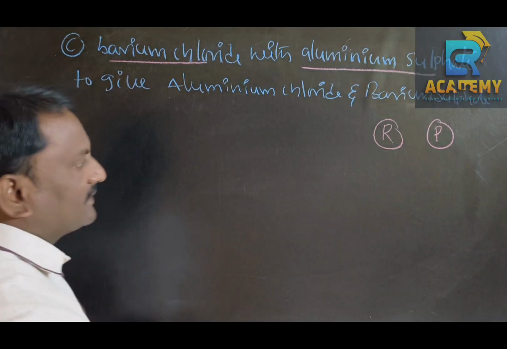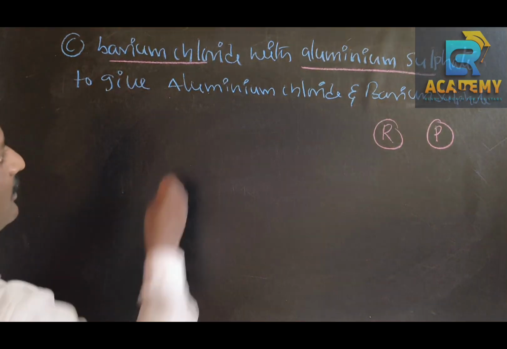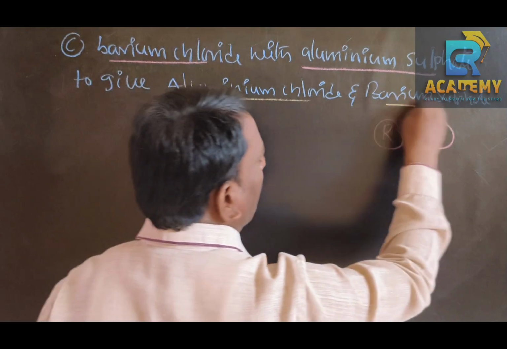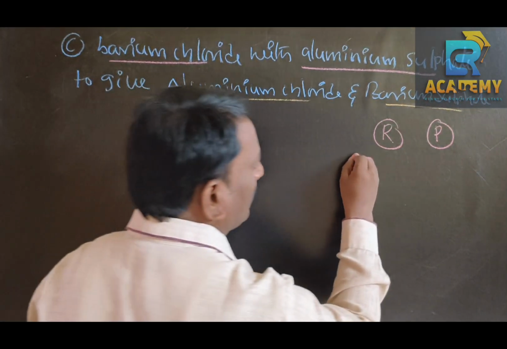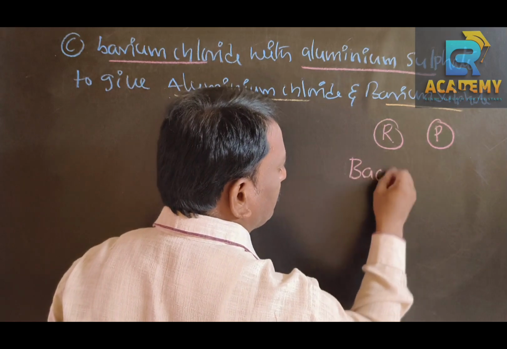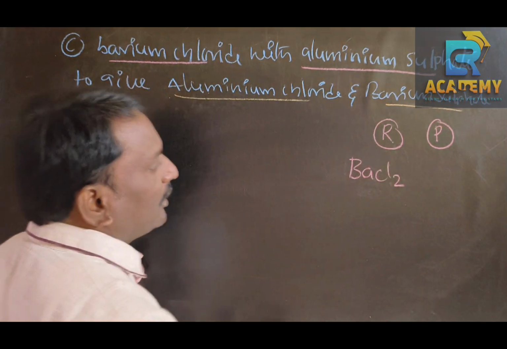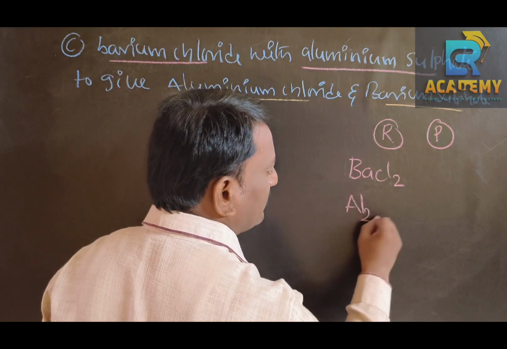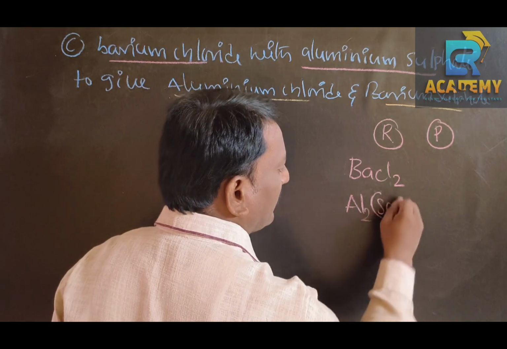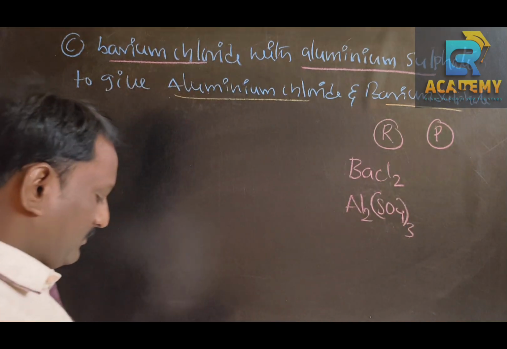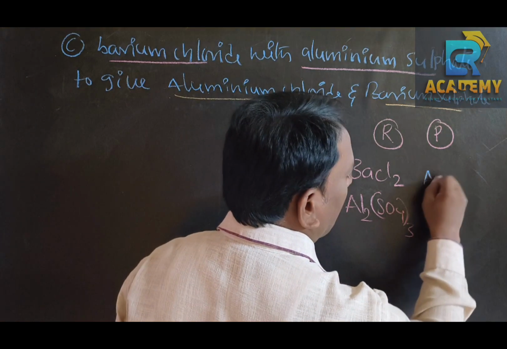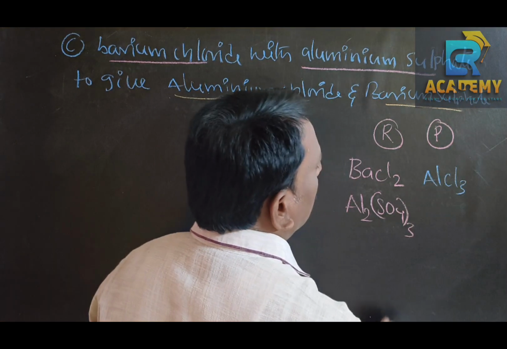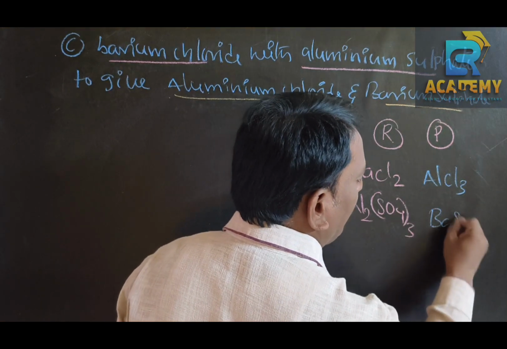Products are aluminum chloride and barium sulfate. Barium chloride formula is BaCl2. Aluminum sulfate is Al2(SO4)3. Products: aluminum chloride AlCl3, barium sulfate BaSO4.